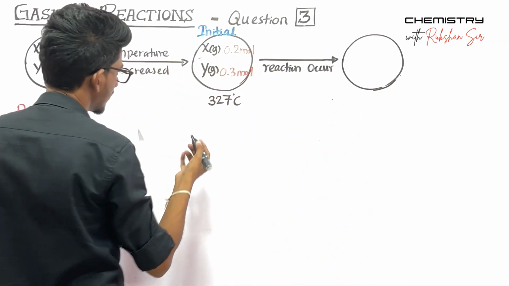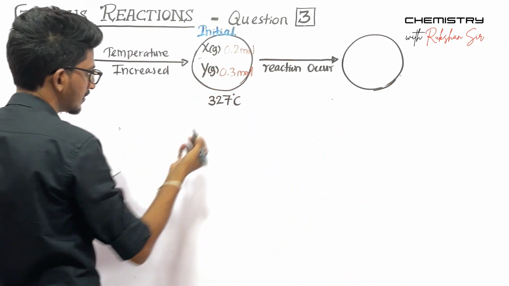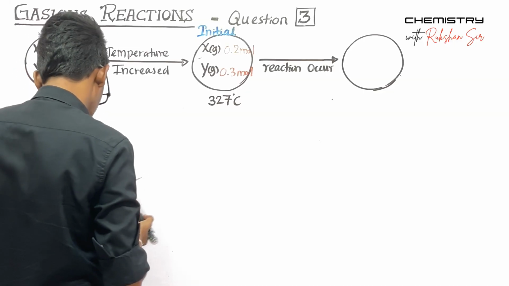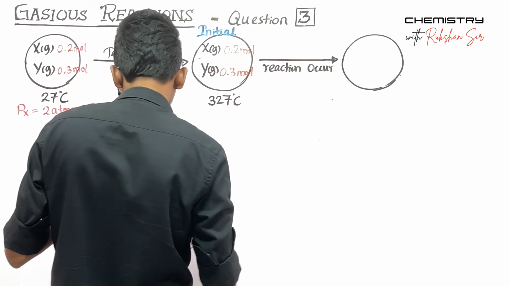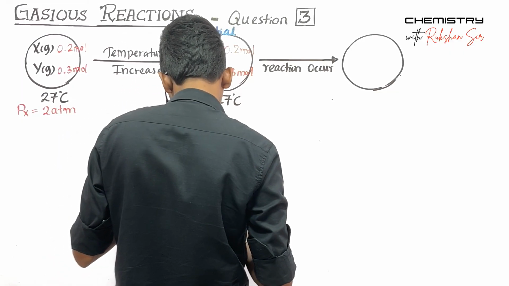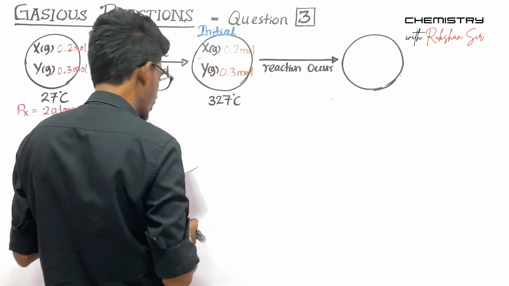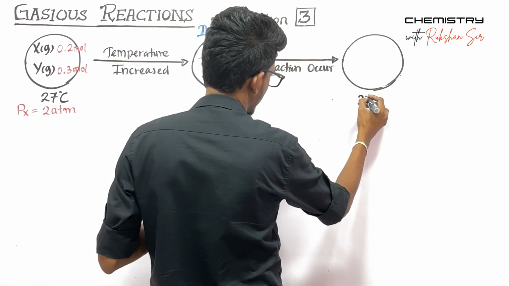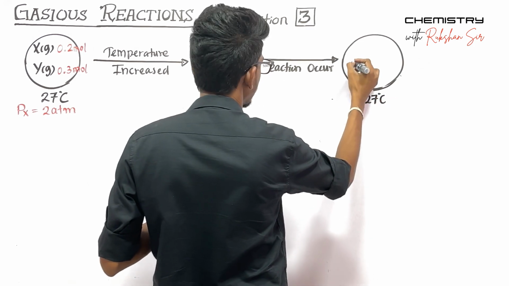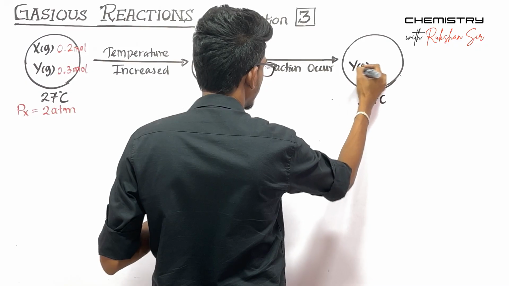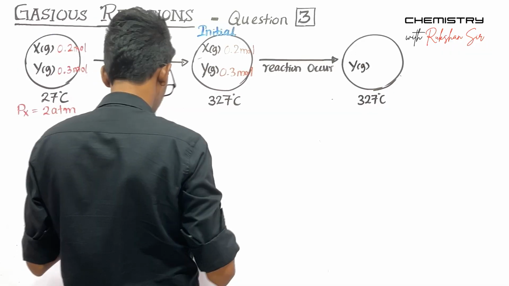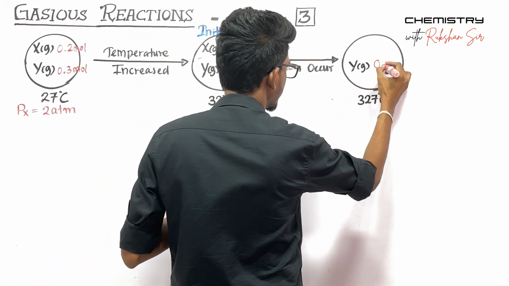X gas reacting with Y gas to produce 4 of the Z gas. Yes, that reaction occurred. And the remaining amount of Y gas was 0.2. So what they are saying is, at the end, the remaining amount of Y gas is given as 0.2 moles.